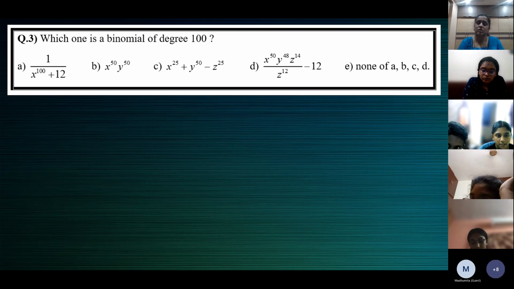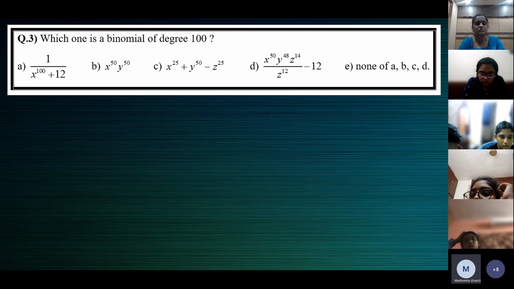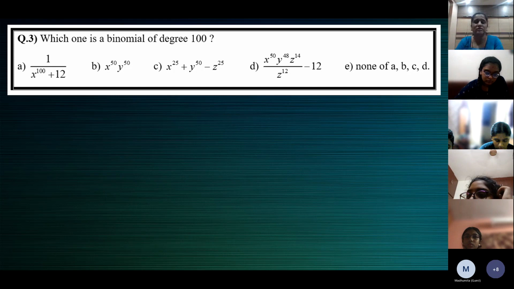Yes, ma'am. Okay. Now tell me, is the first one an algebraic expression? Option A, is it an algebraic expression? Yes, ma'am. It's an algebraic expression. Simply, blindly, you can say it's an algebraic expression. Okay. Is it a polynomial?